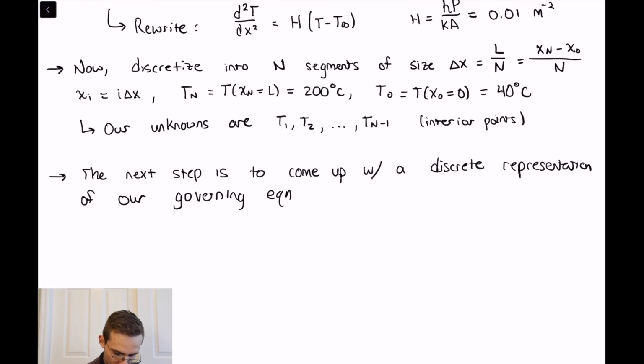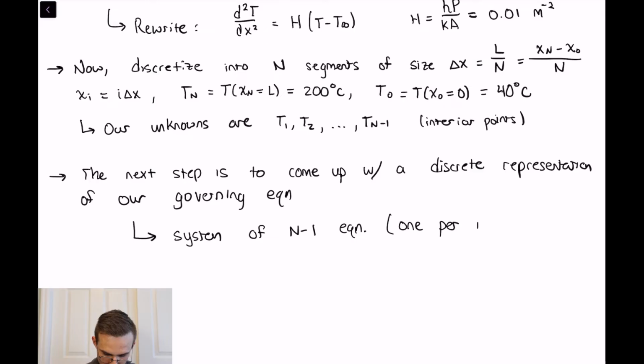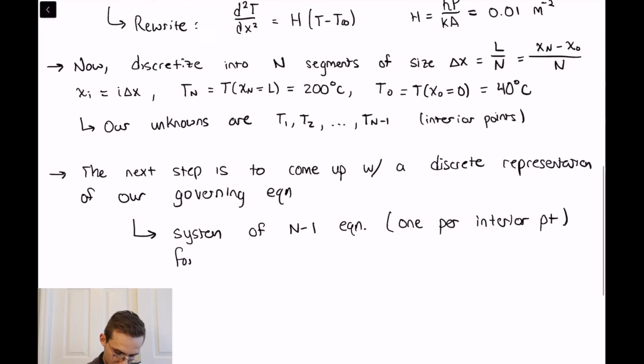Okay, and we're going to apply it to every interior point, and then what this will lead to is a system of n-1 equations, one per interior point, for n-1 unknowns, that we will be able to solve.